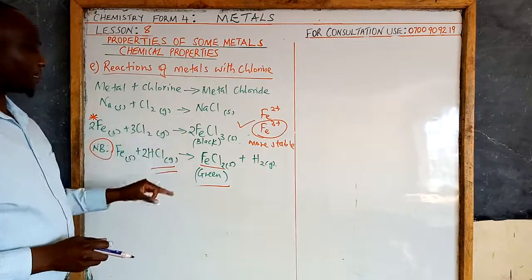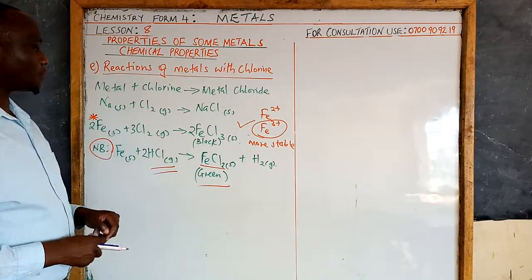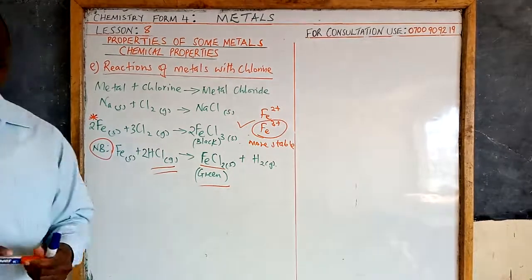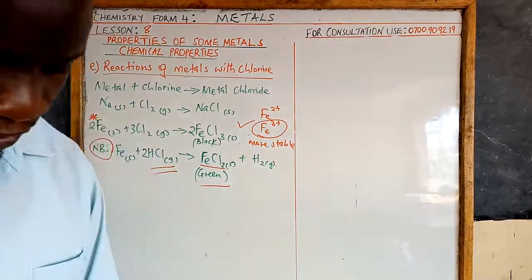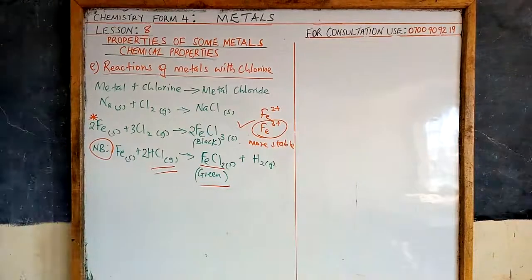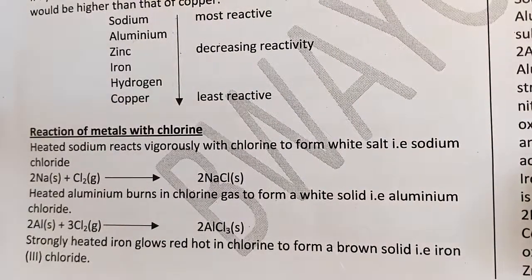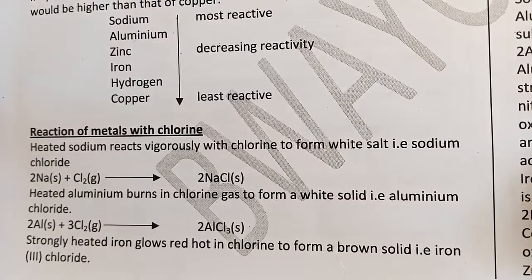So let me just project notes for those who may want to write the notes on the same. I've given even more examples in the notes. And then we look at the last chemical property of metals. So these are the notes on the same. Reaction of metals with chlorine. So there we have example of sodium reacting with chlorine to form sodium chloride. Aluminium the same.